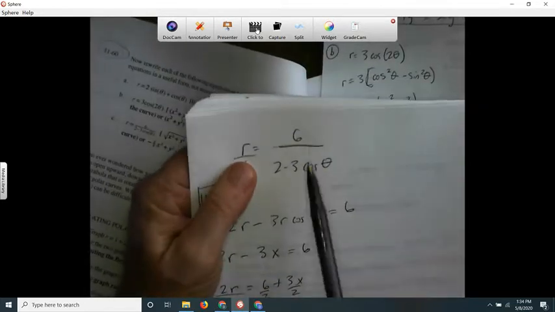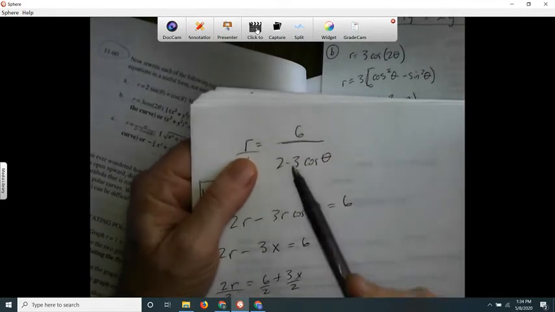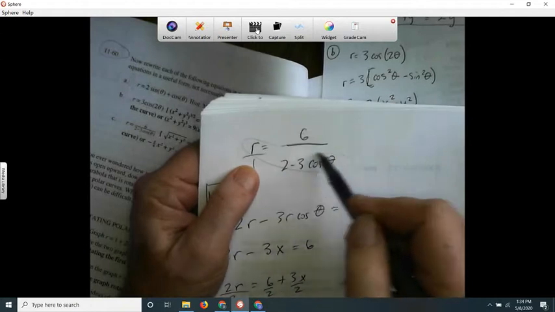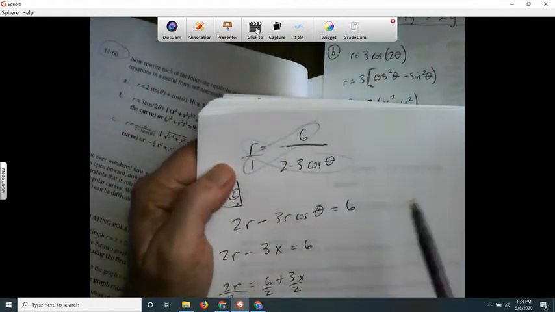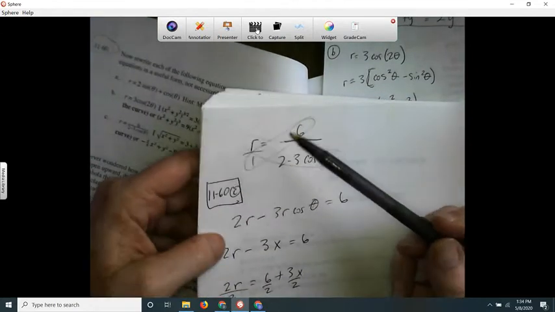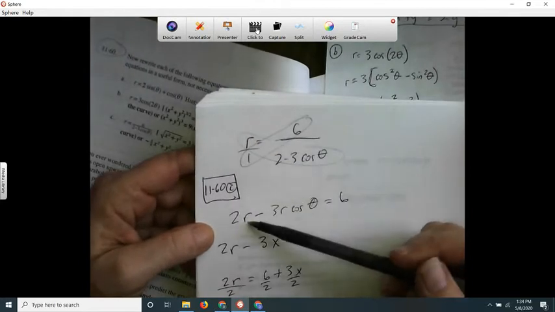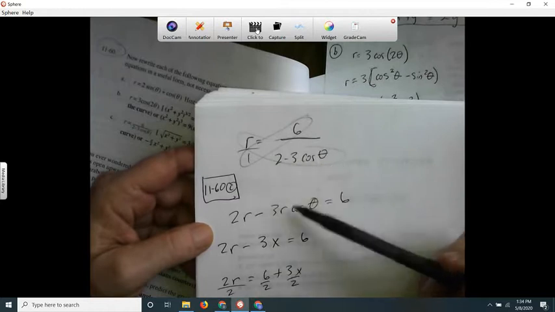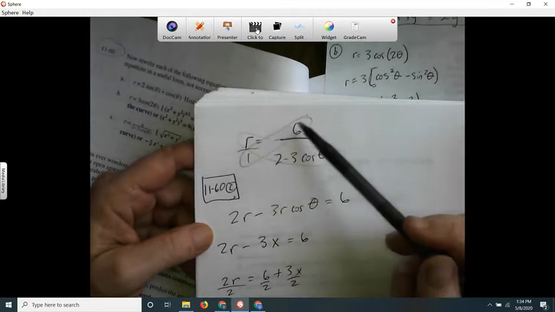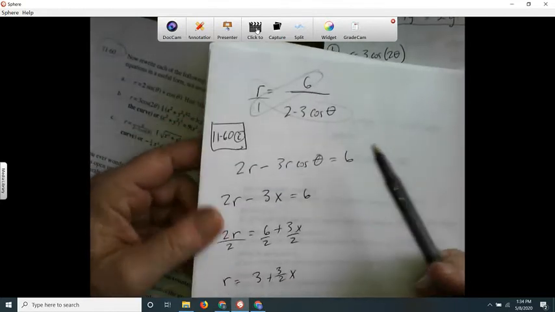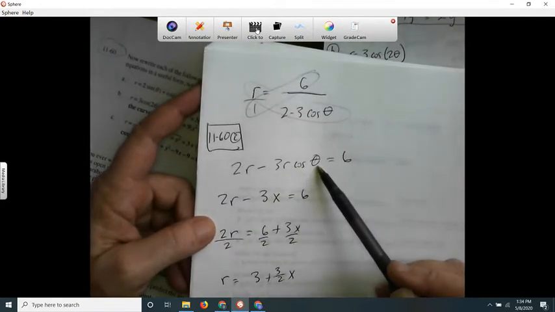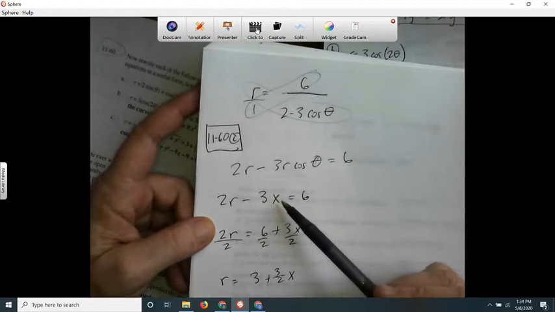So this time I'm going to do cross product. So r equals 6 over 2 minus 3 cosine theta. I love cross products. So if I distribute my r, I get 2 times r, and negative 3r cosine theta equals 1 times 6, which is 6. And then r cosine theta is equal to x, so I put that in.